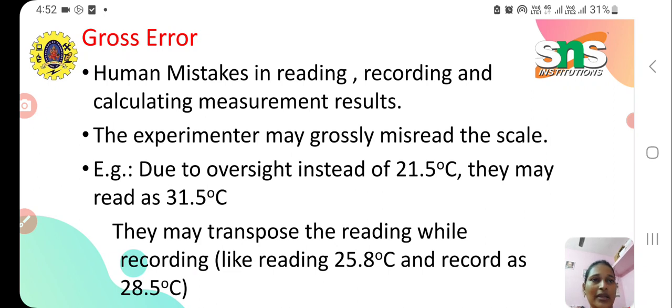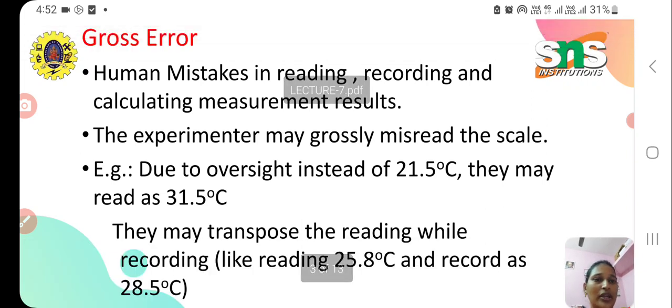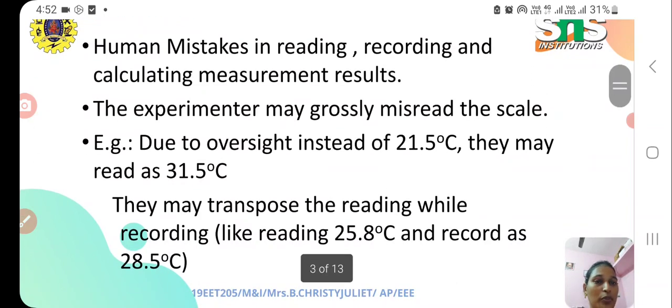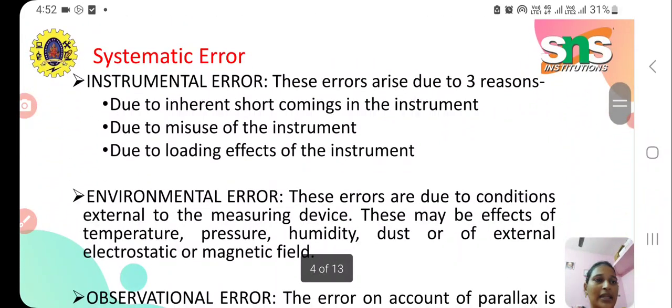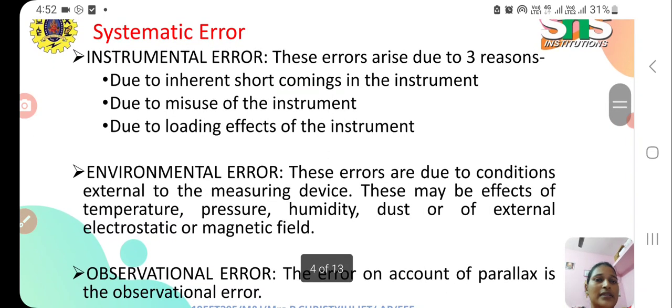So the scale may seem to point to a different reading, but when we get a closer look, the actual value will be different. So the position in which we take the reading also matters most, and that also creates a gross error.